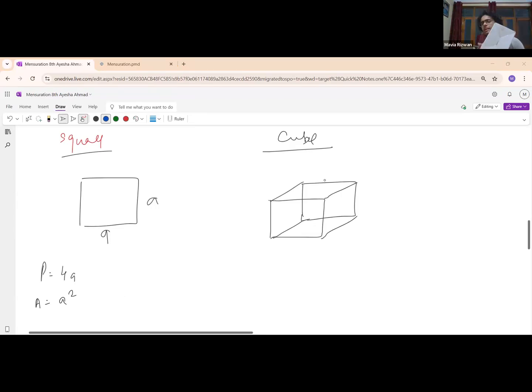Aisha, you can see the box in my hand. This is actually a cuboid. Yes, sir. Okay. So now this cuboid, Aisha, surface area means area of this side plus area of this side plus area of this side plus area of this side plus area of the upper side plus area of the lower side.